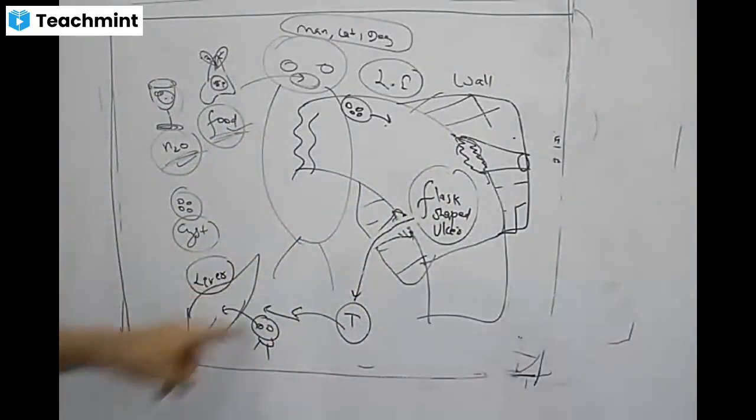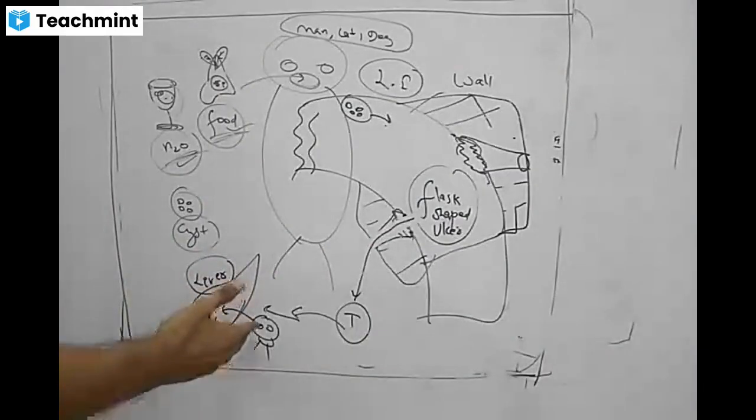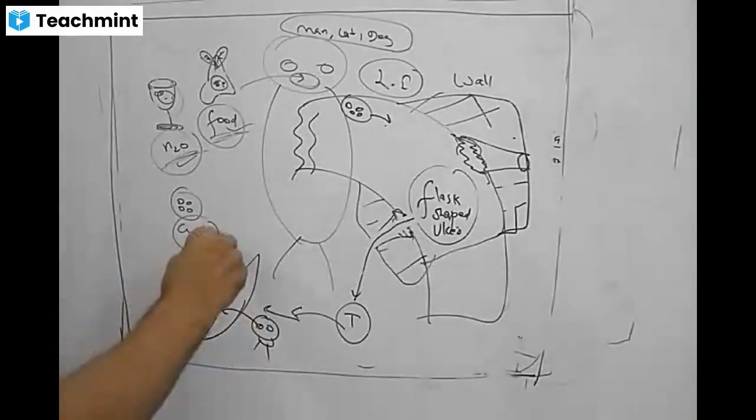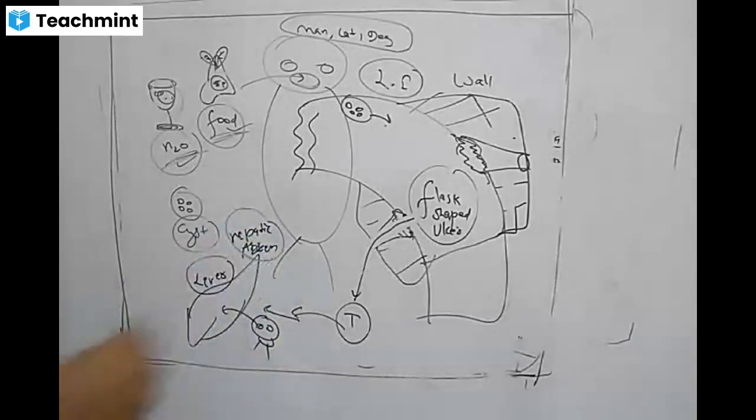Then it reaches the liver and damages the liver parenchyma, and that may lead to hepatic abscess formation. The liver becomes chocolate colored. We call it chocolate liver.